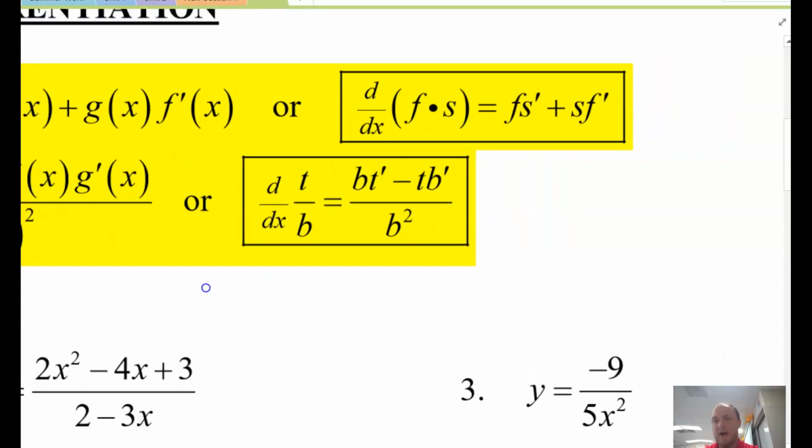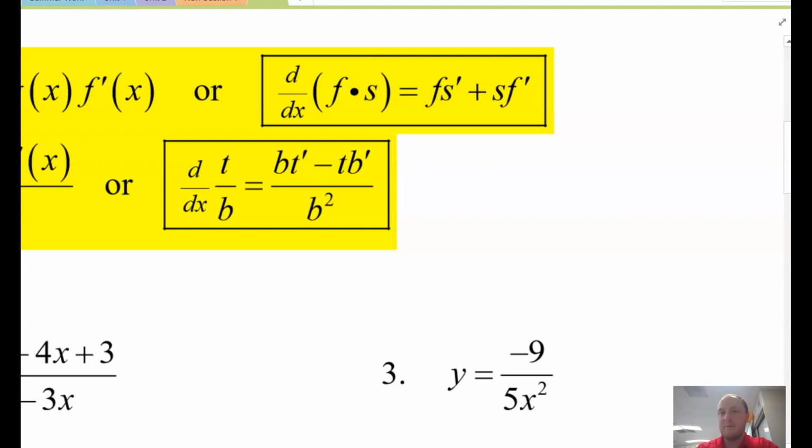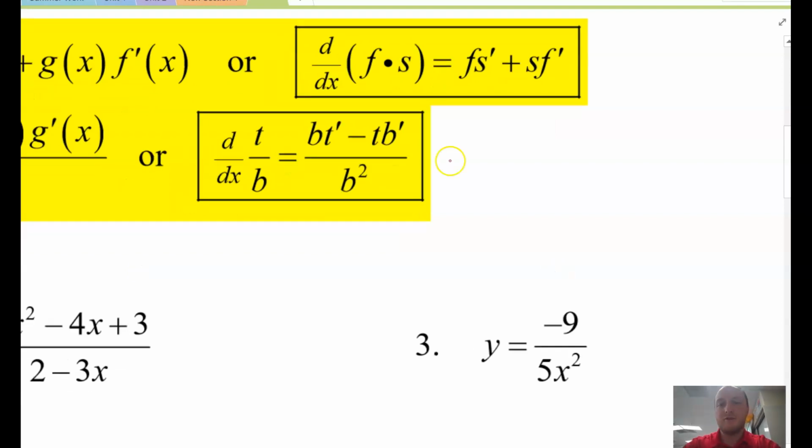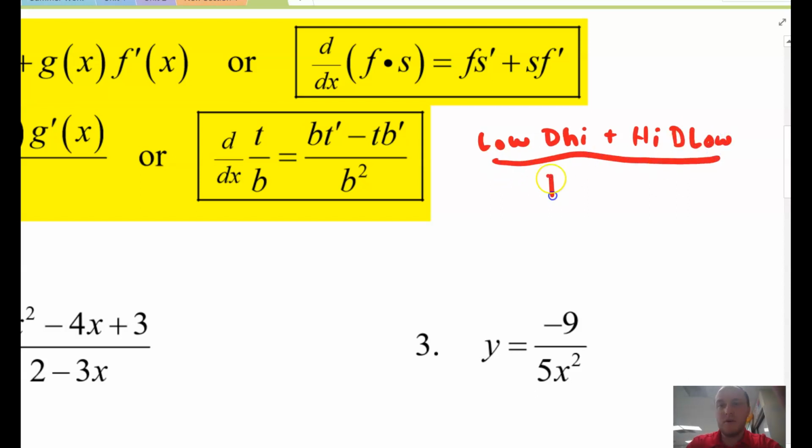Now there is a little rhyme that Mr. Maestas taught me, so I'll lend credit to him, but it goes: low d high plus high d low, all over the bottom squared, and away we go. That's what he says.